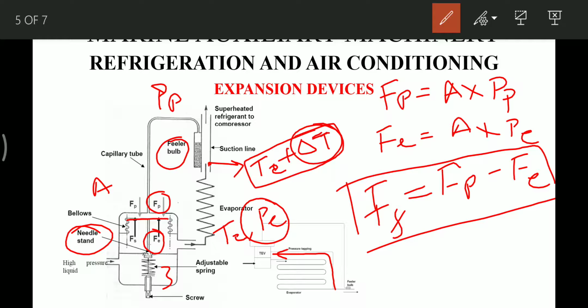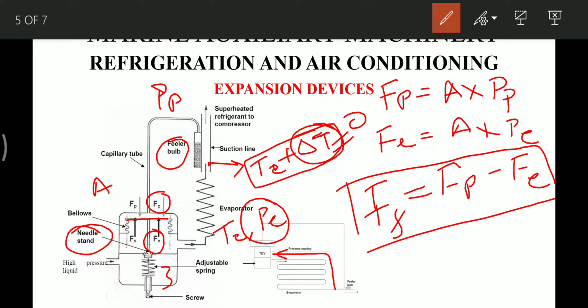Now let's see its working when this plant is during off cycle. The evaporator temperature is the same as the room temperature throughout, so the degree of superheat will be 0 in this case.